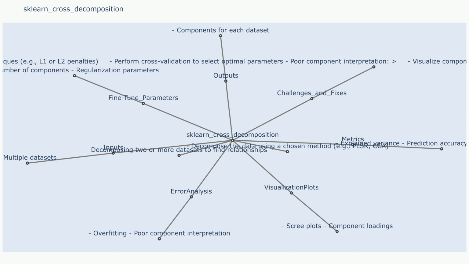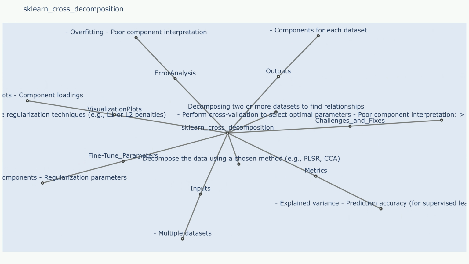Steps. Step 1, Decomposition. The algorithm analyzes the input datasets to find a set of common components. This is often achieved through techniques like singular value decomposition (SVD) or non-negative matrix factorization (NMF). Step 2, Projection.